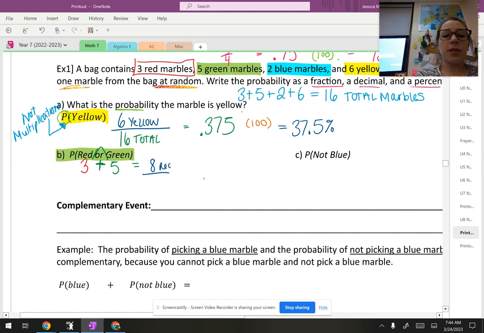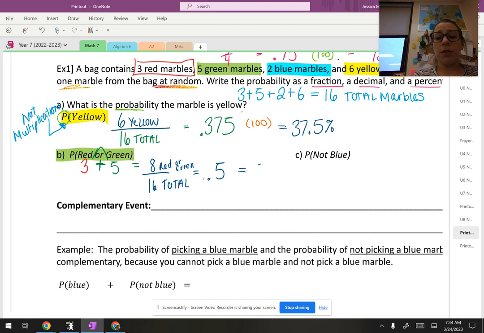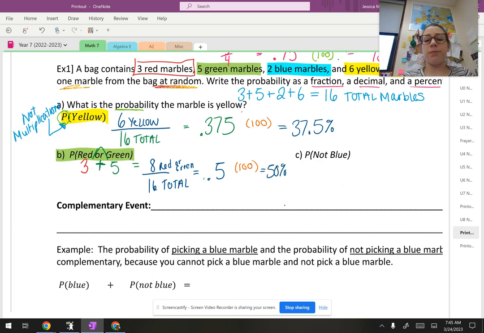And that's 8 red or green over 16 total. What's nice about the probabilities is that once you find the total, you're going to continue to use that total to find the rest of the parts and the rest of the probabilities. So 8 over 16 is 1/2 or 0.5, which gives us the 50%. Equals 50%.